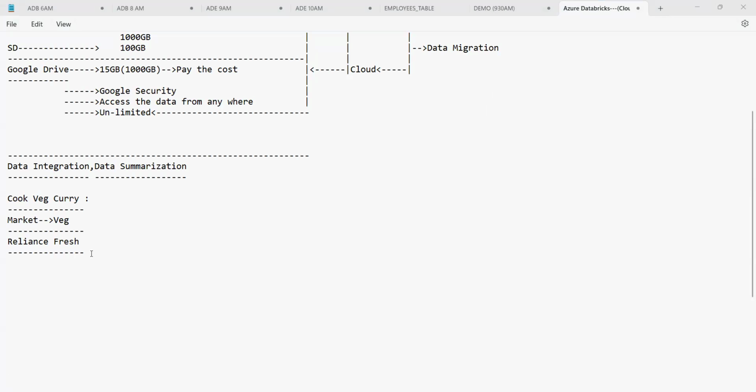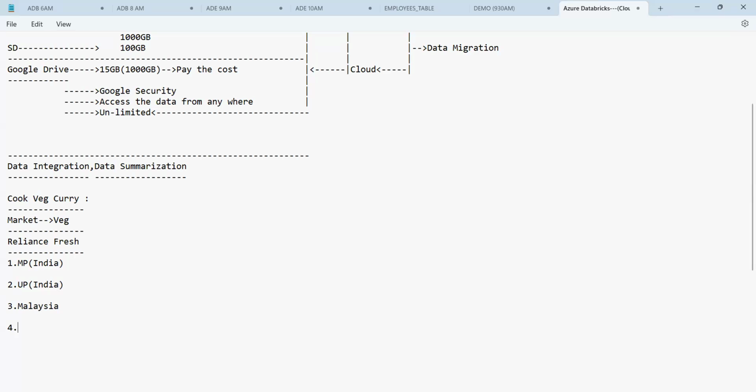Let us say vegetable number one, you got it from MP, Madhya Pradesh, India. Vegetable number two, from UP, India. Vegetable number three, you got it from Malaysia.